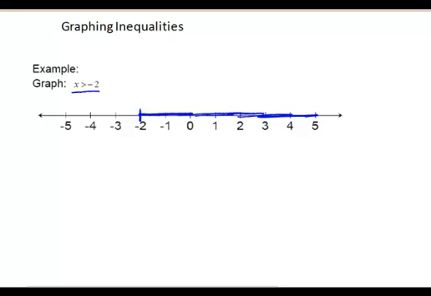So we'll shade that side. And then we decide about the endpoint, the -2 itself. There is no equals underneath, so we do not want to include the -2 in the solution set. That's denoted by a parentheses. It will open in the direction of the shading, so this time it will need to go to the right.